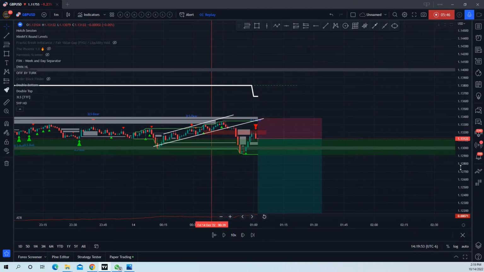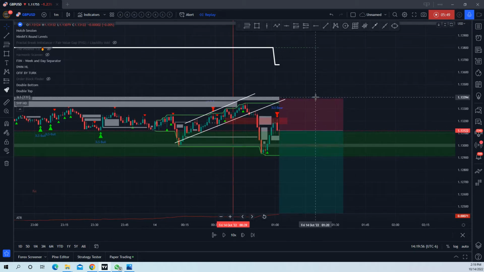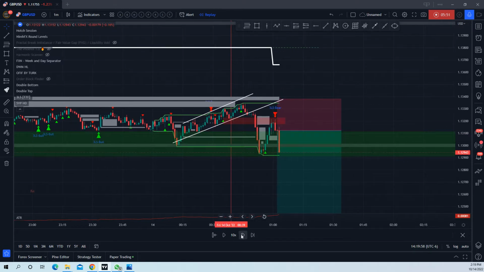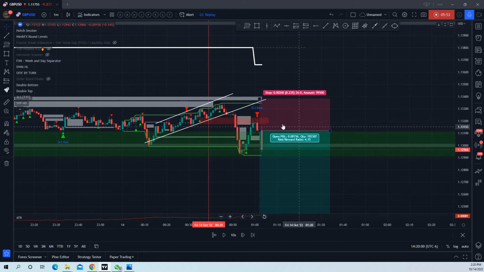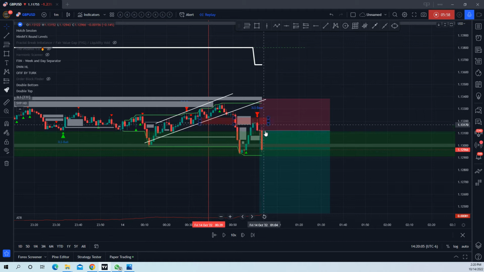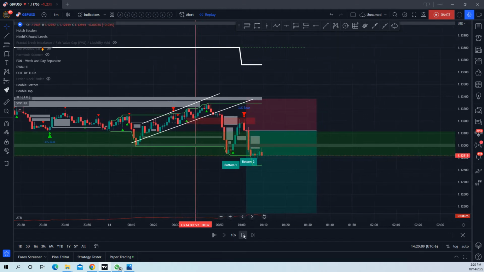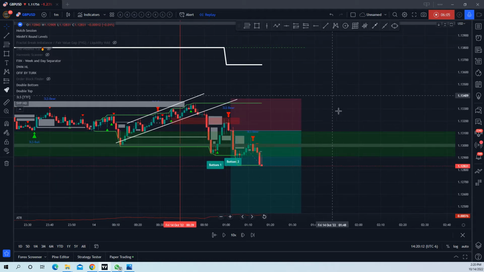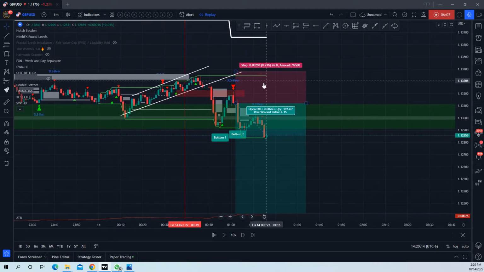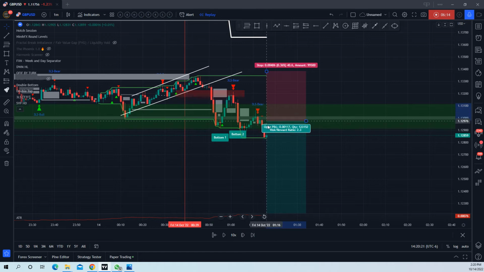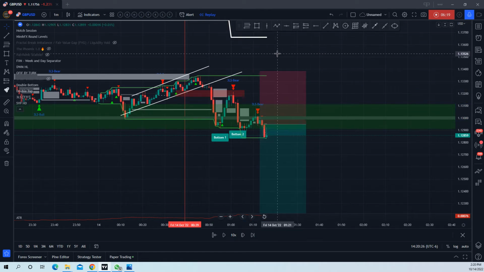So at this point, we want to be thinking about an entry, and certainly on this engulfing candle. And there we have the pin right at the round number. We've got this lovely three-line strike, right? So that could be our entry right there.